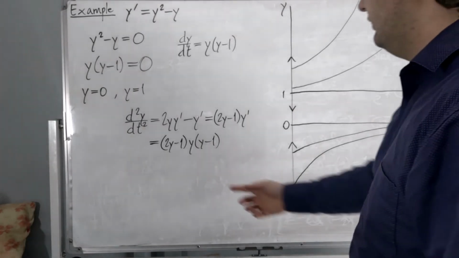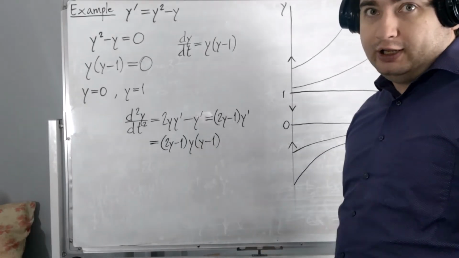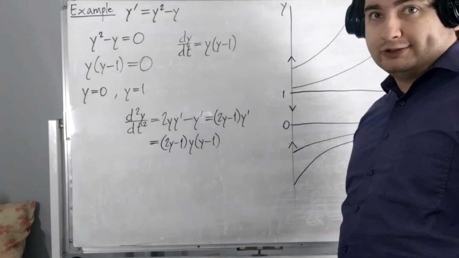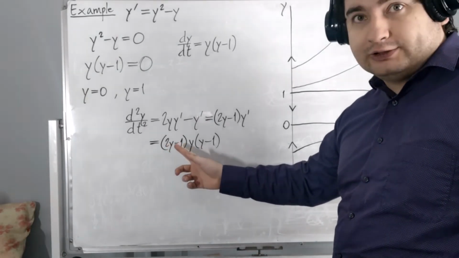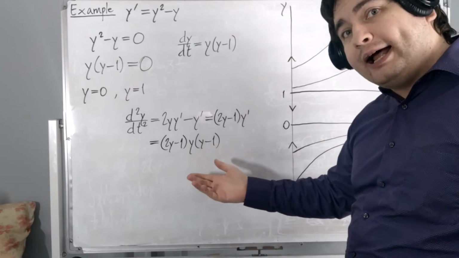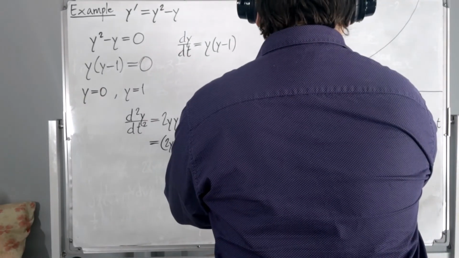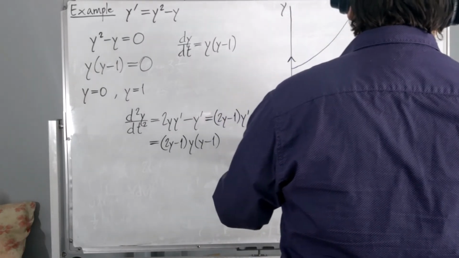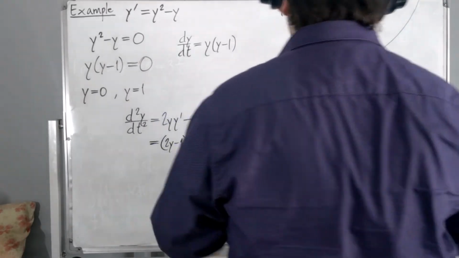So, y equals 0 and y equals 1, those are already equilibrium solutions. But the sigmoid is when 2y minus 1 equals 0, or in other words, y equals 1/2. When y equals 1/2, we have a change in concavity.